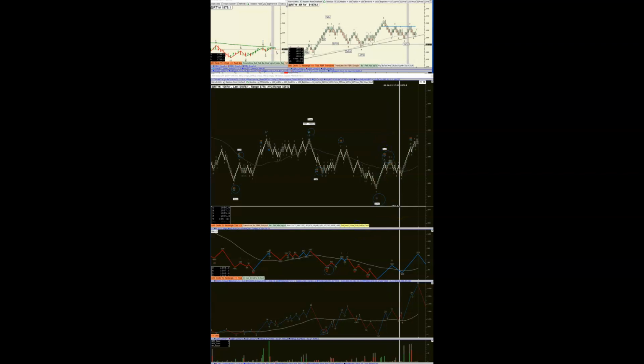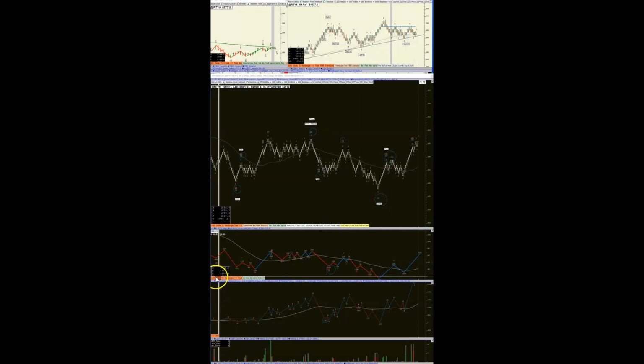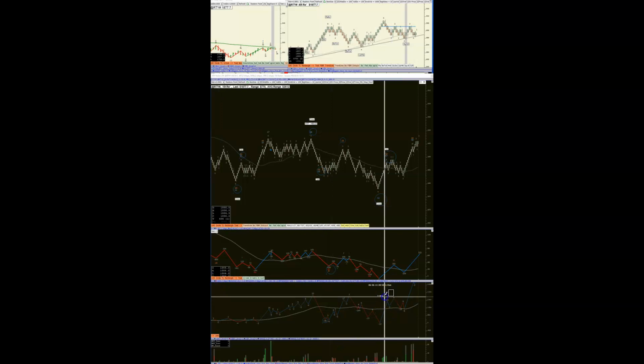But what makes you confident about them is, 1, a higher time frame support and resistance level. 2, pressure, meaning other stocks are moving. 3, the money's coming in. So I'm very confident because, see the money come in, selling pressure off of resistance and buying pressure off of support.